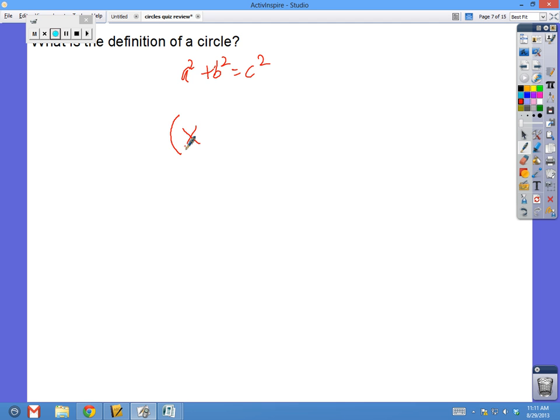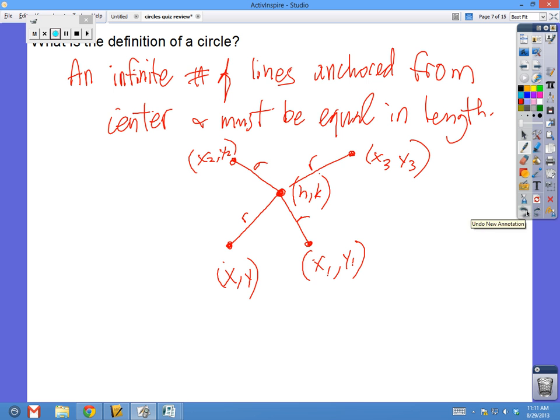You need to find the distance between what? The sector and, let me write it in green. So you need to find the distance between any one of these x's and the center.